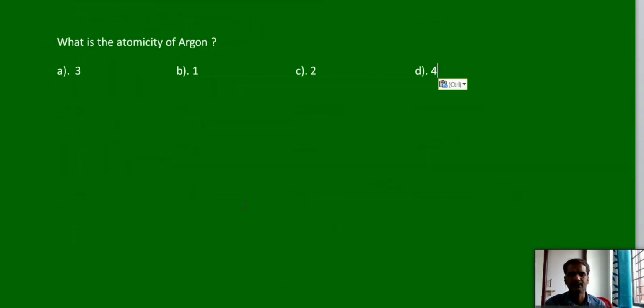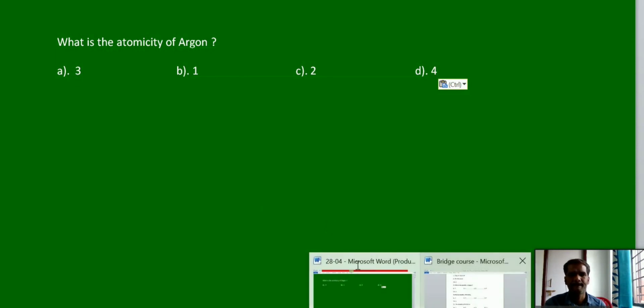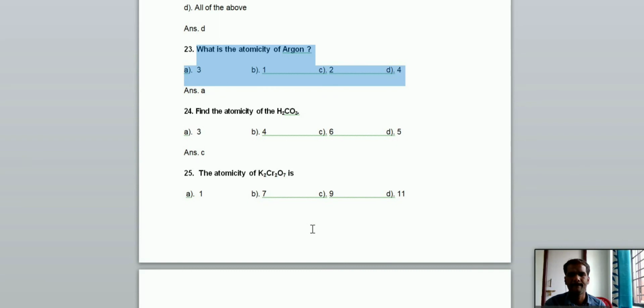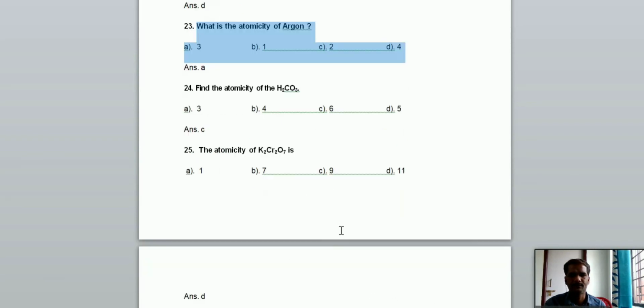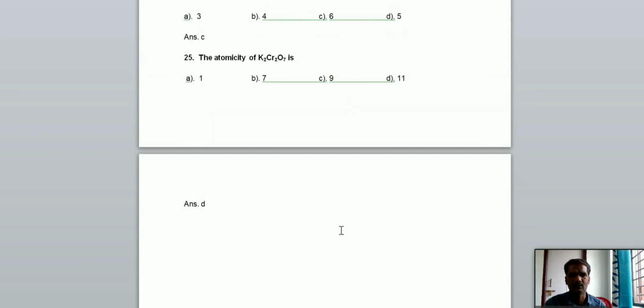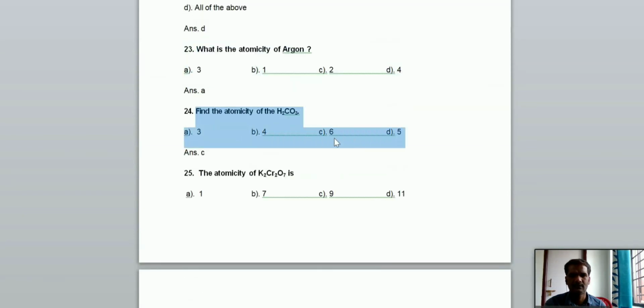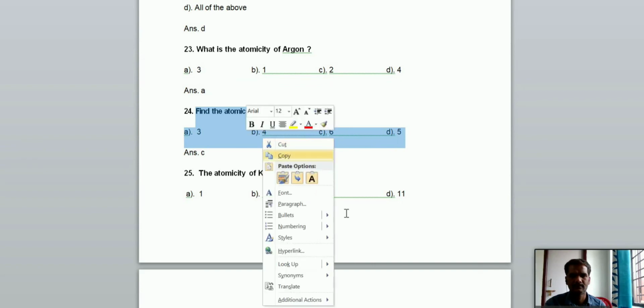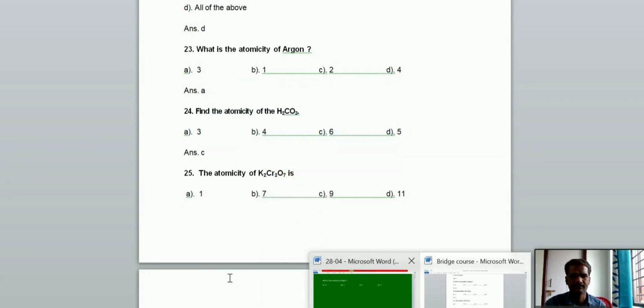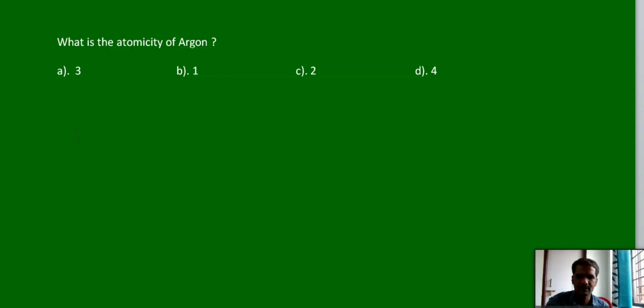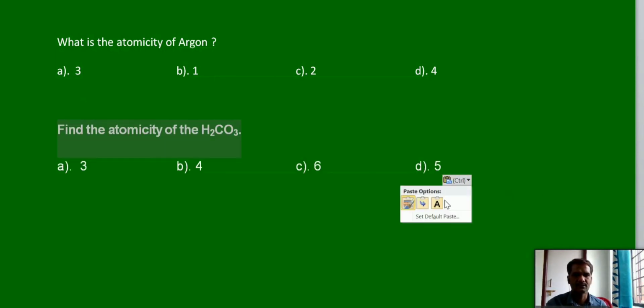What is the atomicity of argon? One. All noble gases are monoatomic in state. And this also you can do very easily based on atomicity only.